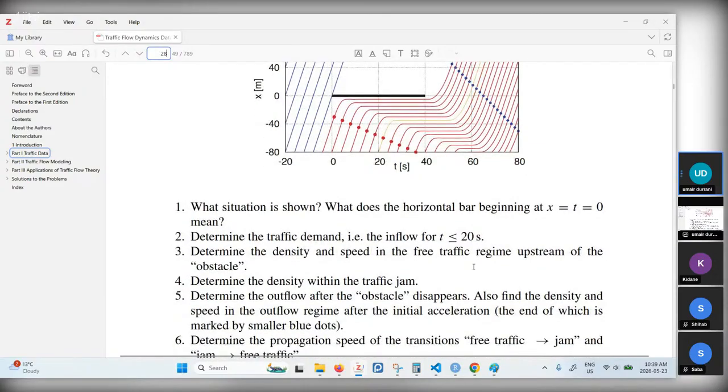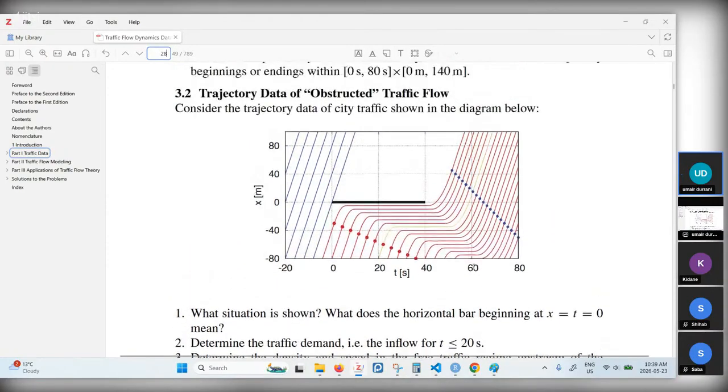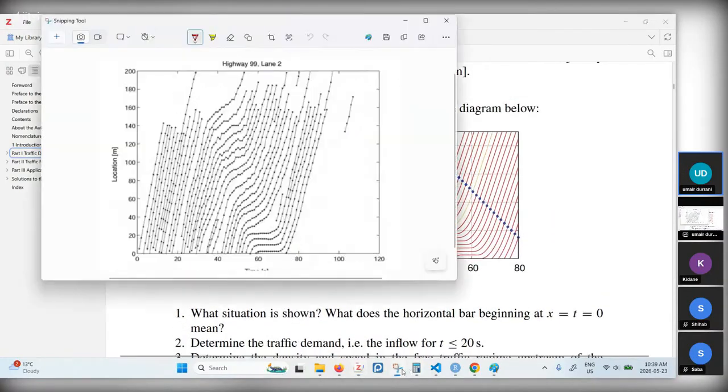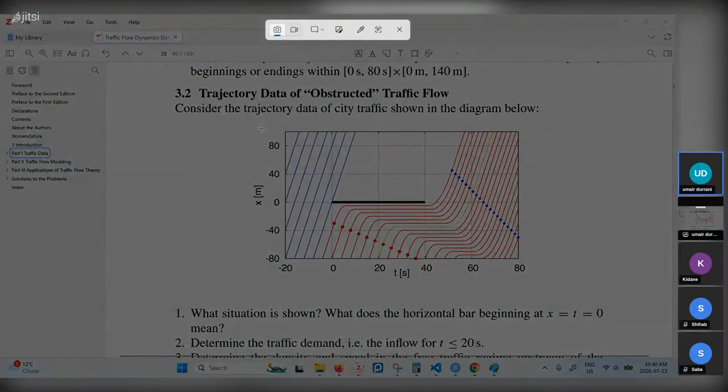Question number two, determine the traffic demand, that is the inflow for t less than or equal to 20 seconds. Okay, let's take this plot.